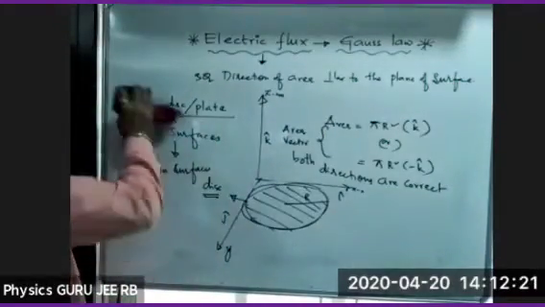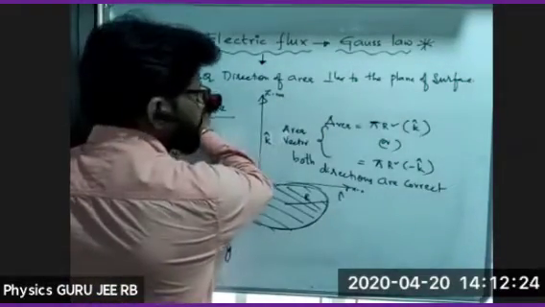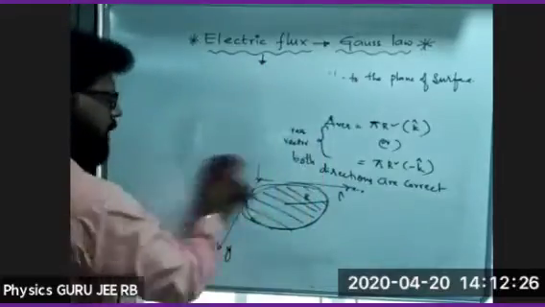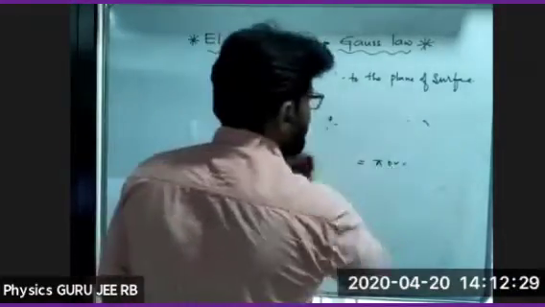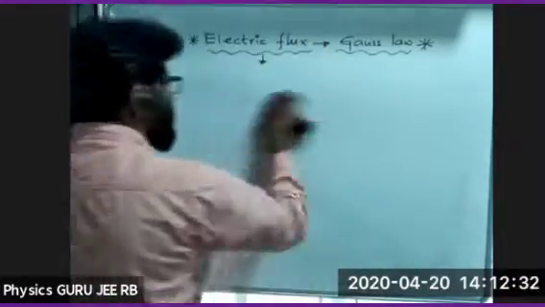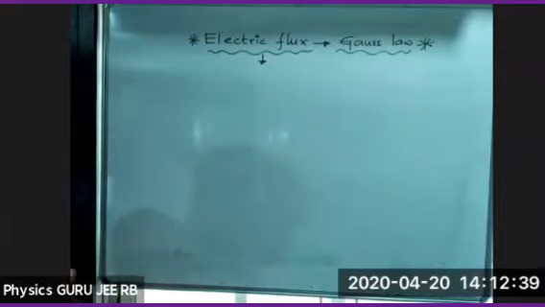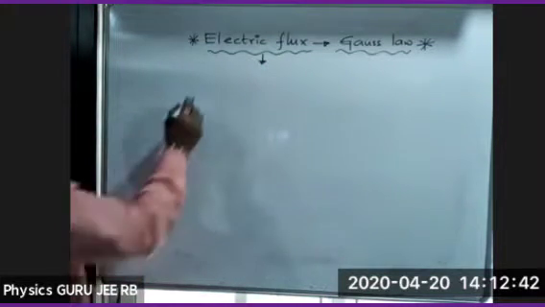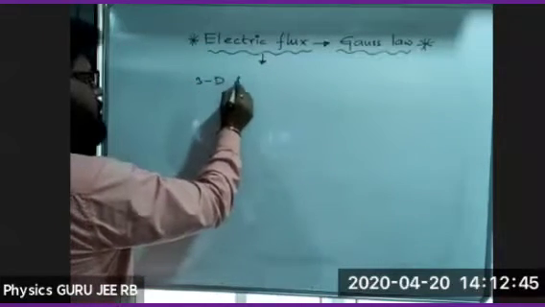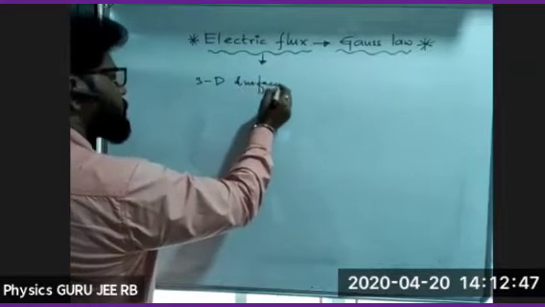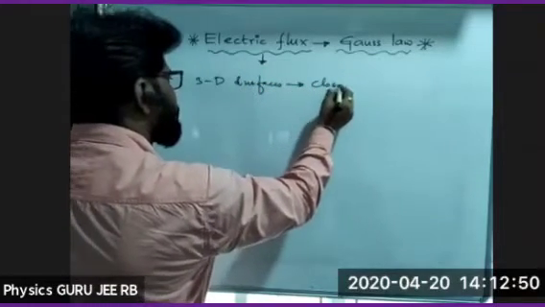Fine. I'll move to 3-dimension now. 3D. 3-dimensional surfaces are considered to be closed surfaces. 3D surfaces are closed.